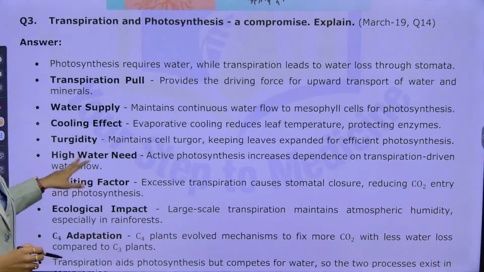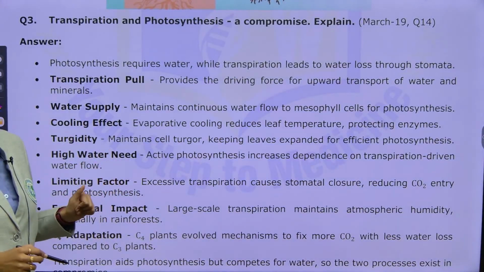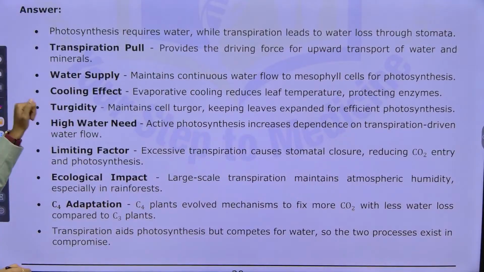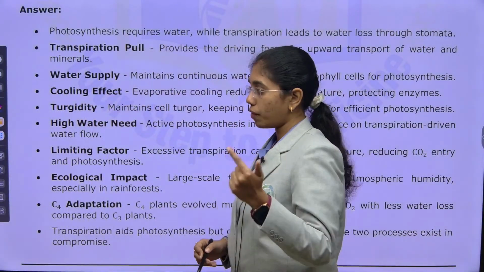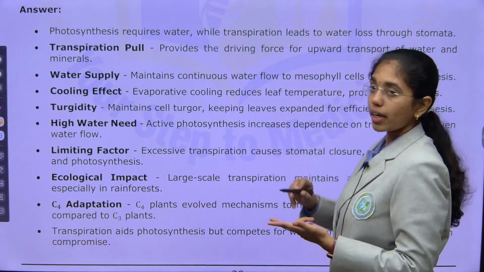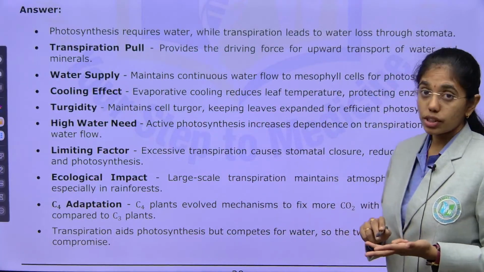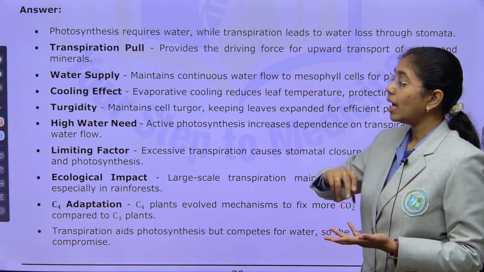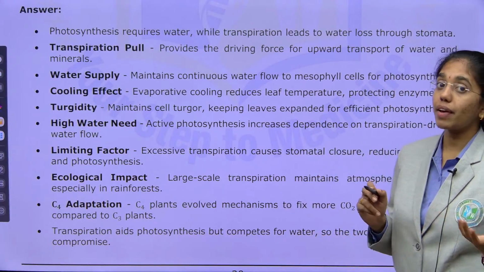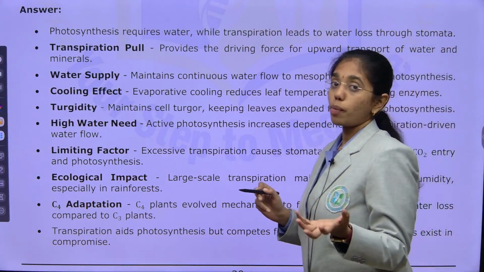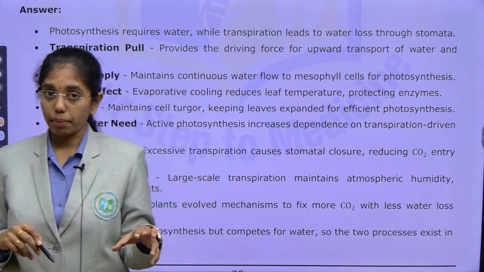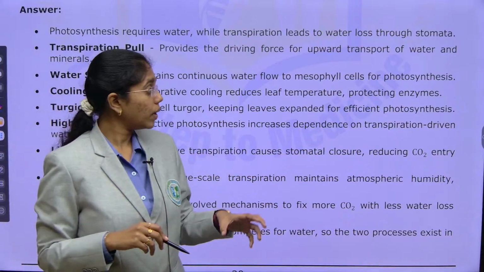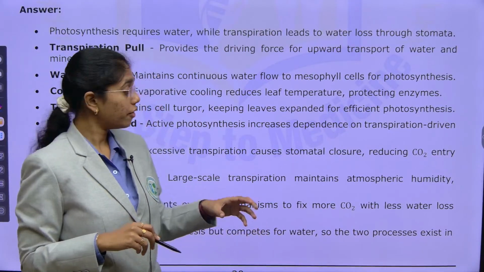For this, what are the reasons that you are highlighting? That is important. First, you are explaining about transpiration pull, then water supply, where you are highlighting ascent of sap, and then cooling effect because of transpiration, turgidity, high water need, limiting factor because of excessive transpiration. Stomatal closure will happen, thereby it limits the intake of carbon dioxide and the carbon dioxide fixation.